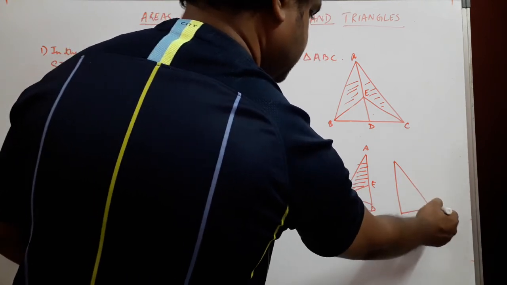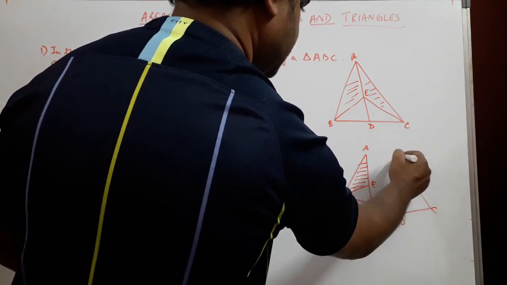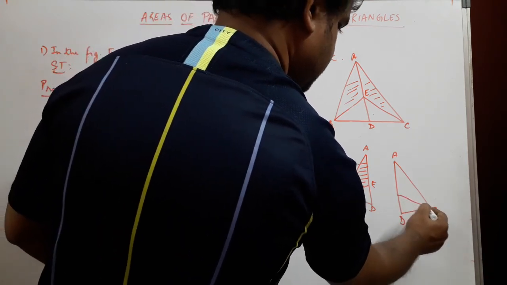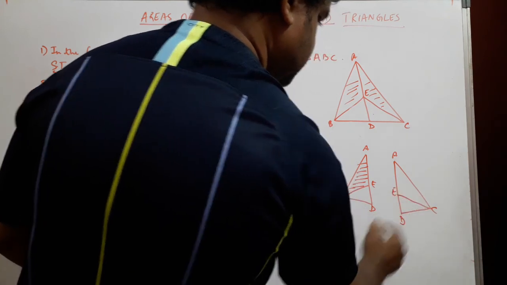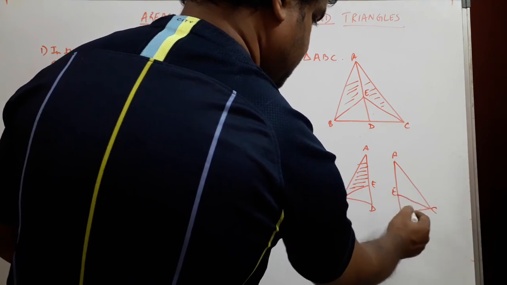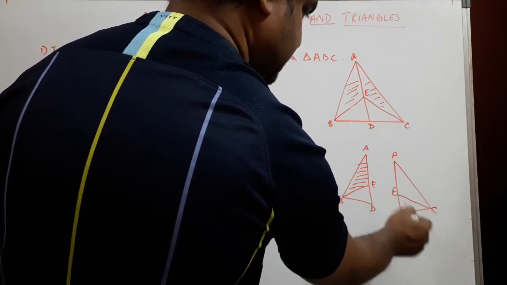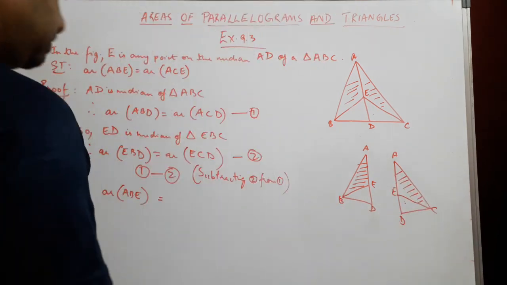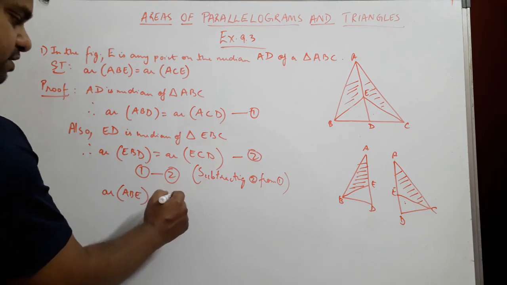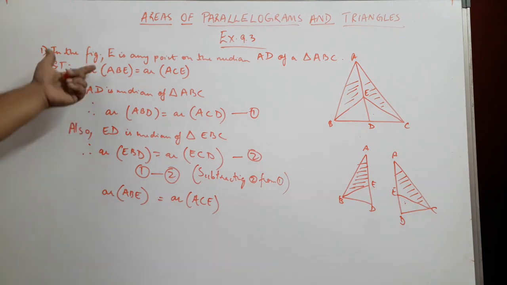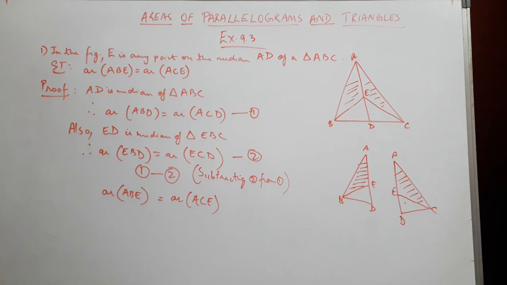You have C over here, D over here, and A. This is the big triangle, and then you have a small piece that we would like to take out, that is E. If we take out this small part, we are left with just this part, the area of triangle ACE, and that's what we are asked to show: area of triangle ABE is equal to area of triangle ACE.